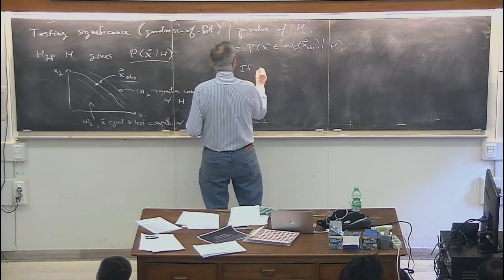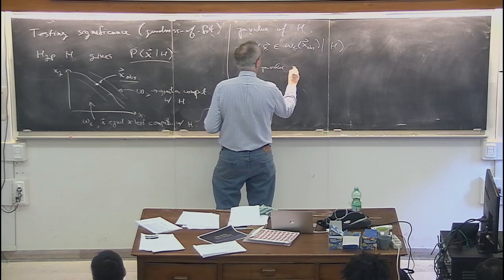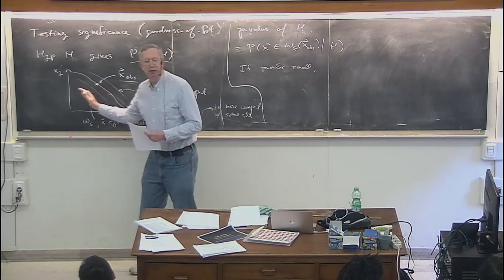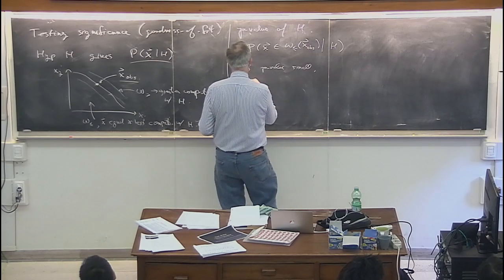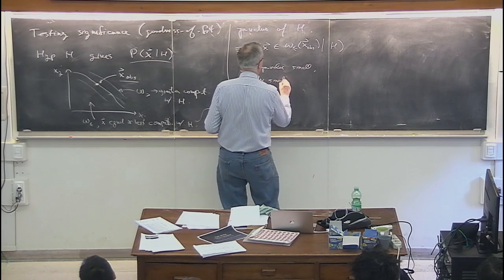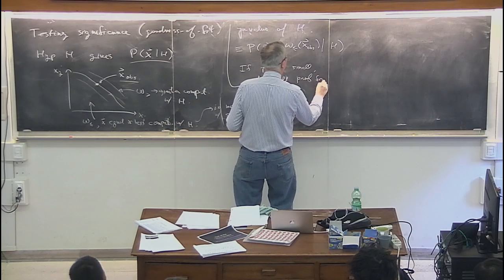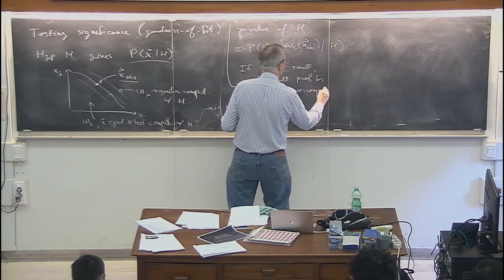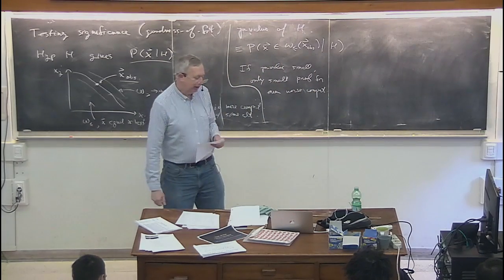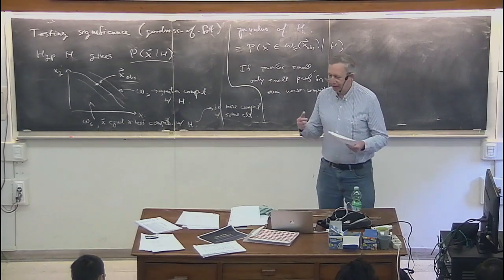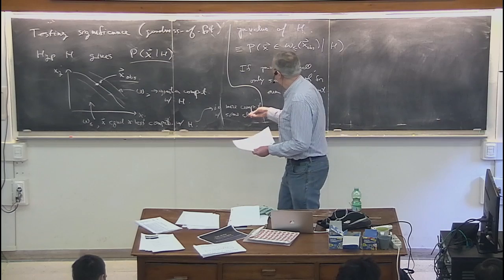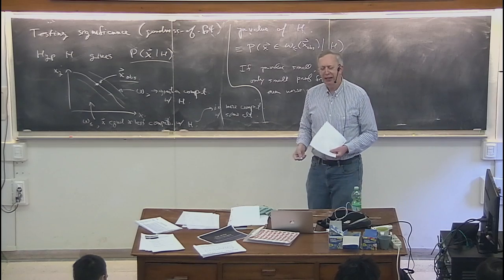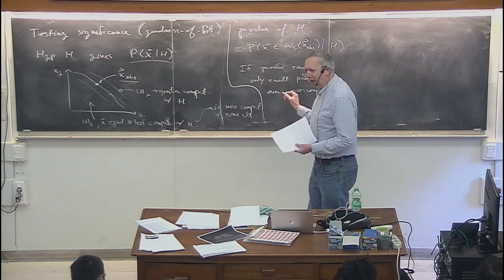So if the p-value is small, that means that there's only a small probability to get data with even worse compatibility. And so therefore you would say something like, well, therefore the hypothesis must have some problem. It must be bad. It must not predict well. It must not be in good agreement with the data that I've observed. And so therefore you might think, small p-value means hypothesis bad.